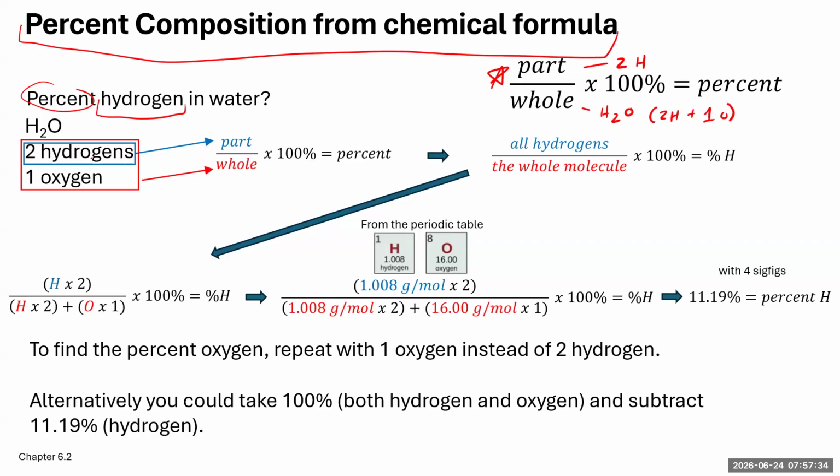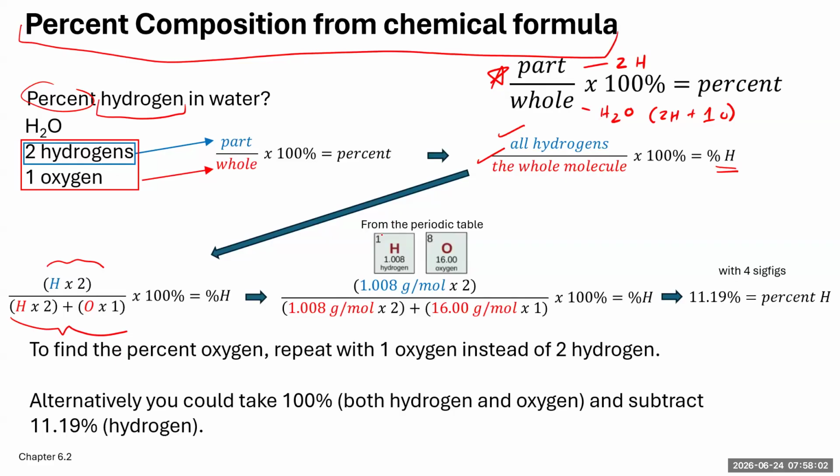So we're going to look at the hydrogens, put it here. See the red box is the whole thing. So all hydrogens on top, the whole molecule on bottom. Percent hydrogen is what we're going to calculate. So if you look here, we have the 2 hydrogens. Here we have the 2 hydrogens and the 1 oxygen times 100%.